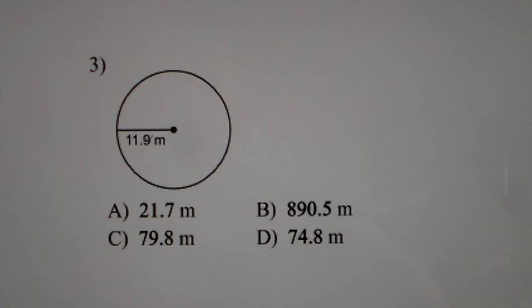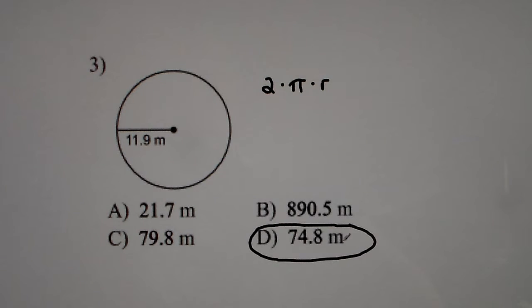Alright, looking at number 3. Our radius is 11.9, and we know it's 2 times pi times radius. So 2 times 11.9, and then times pi, gets you 74.76. And 74.76 is very close to 74.8.